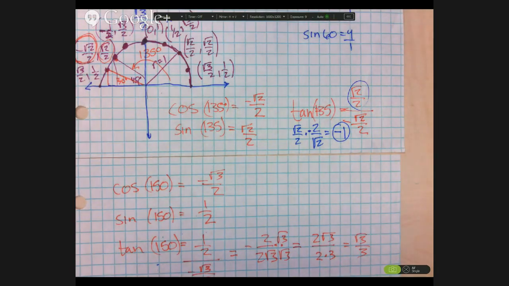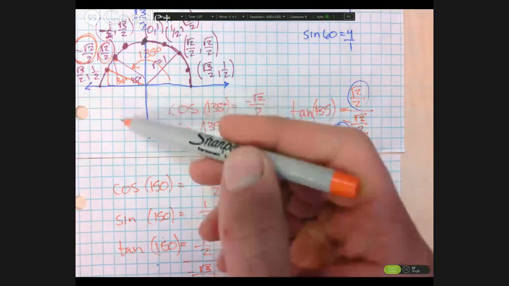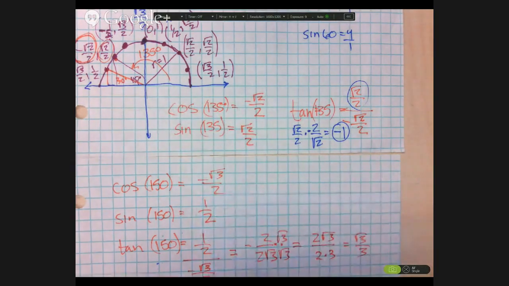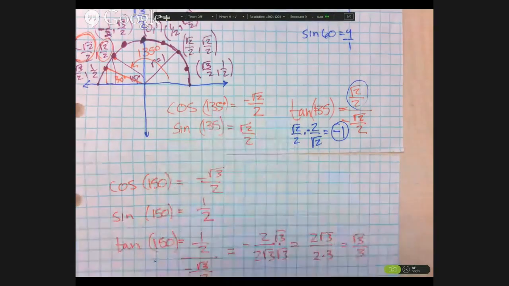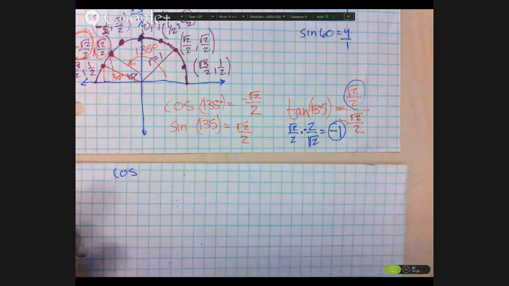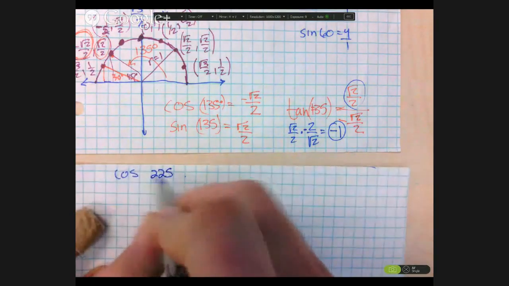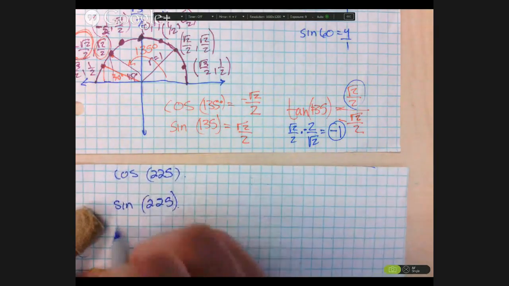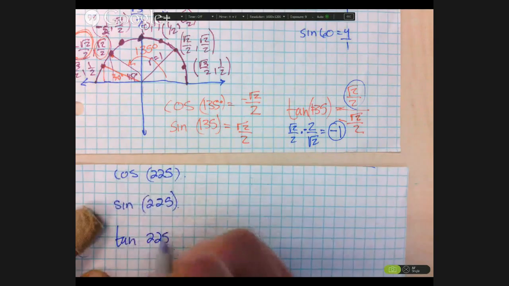Now, stretching the unit circle down here, let's try cosine 225, sine 225, tangent 225.